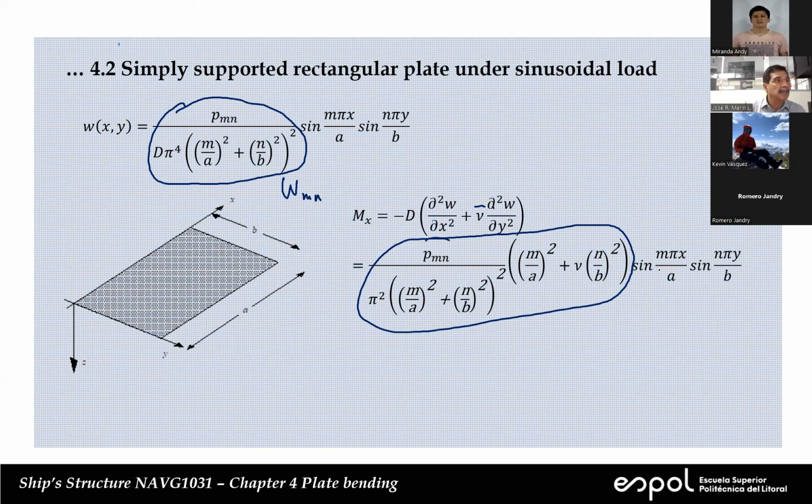And finally, with the bending moment, we can proceed and calculate the stress distribution, right? So we can replace this into here, and we can evaluate over the whole thickness, varying this value of z, we can evaluate the stress in the x direction, okay?